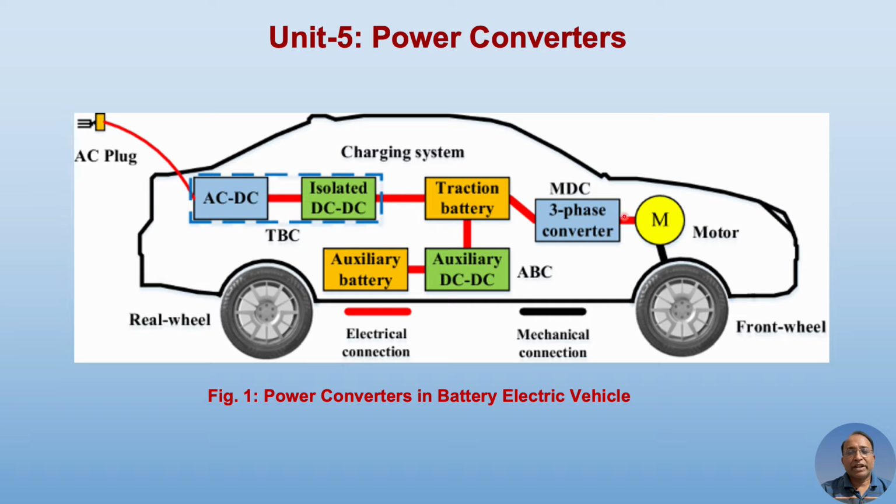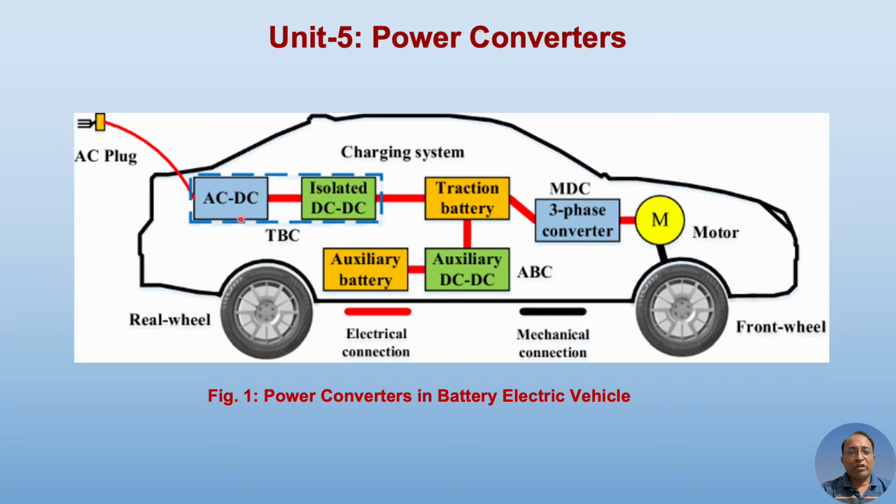For generating that, a three-phase converter is used, or we can also have a multi-phase converter. The purpose of this converter is DC to AC. The power coming from the traction battery is DC power, and it will be converted into pulsating three-phase voltages for the operation of the motor. So we require a DC to AC converter.